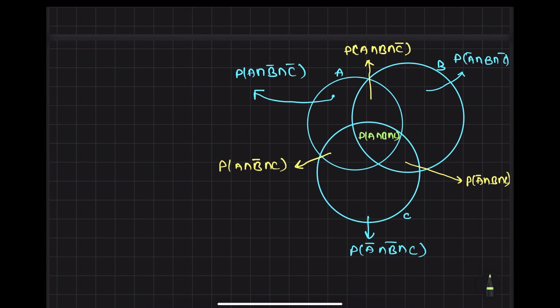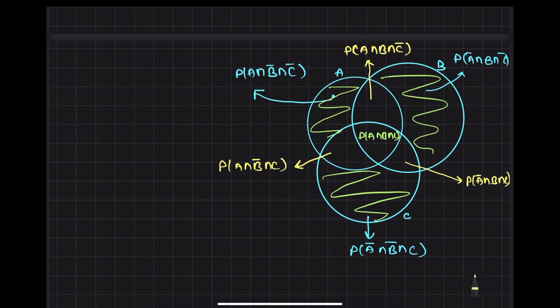Now suppose I ask you the probability of occurrence of exactly one event, so you will be focused on this room, this room, this room.